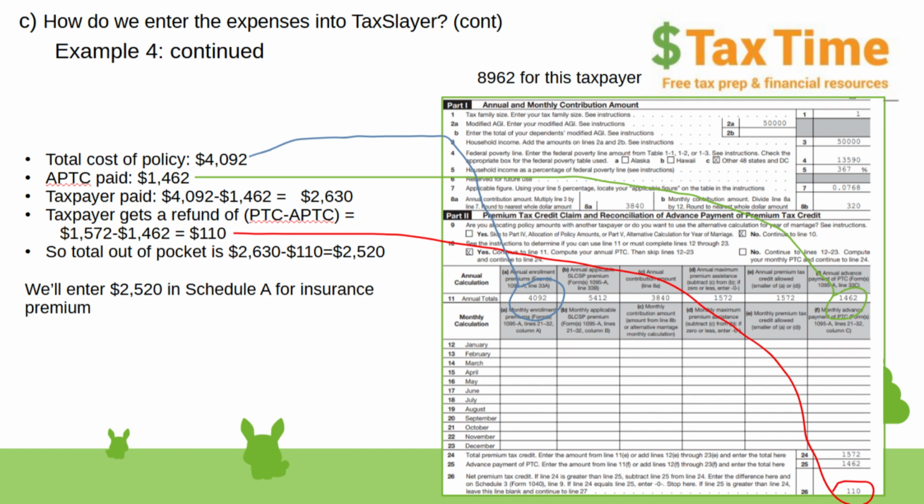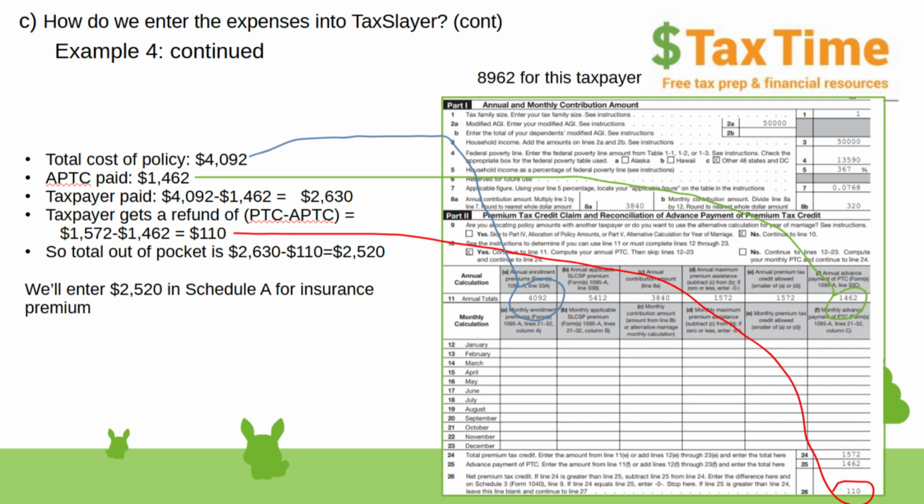After I enter this 1095-A information into TaxSlayer, TaxSlayer will produce the 8962. The 8962 that it produced is shown here, and this is where things get a little bit interesting, but just stick with me. So as we can see, the total cost of the policy, which I've got the blue line pointing to, is $4,092.